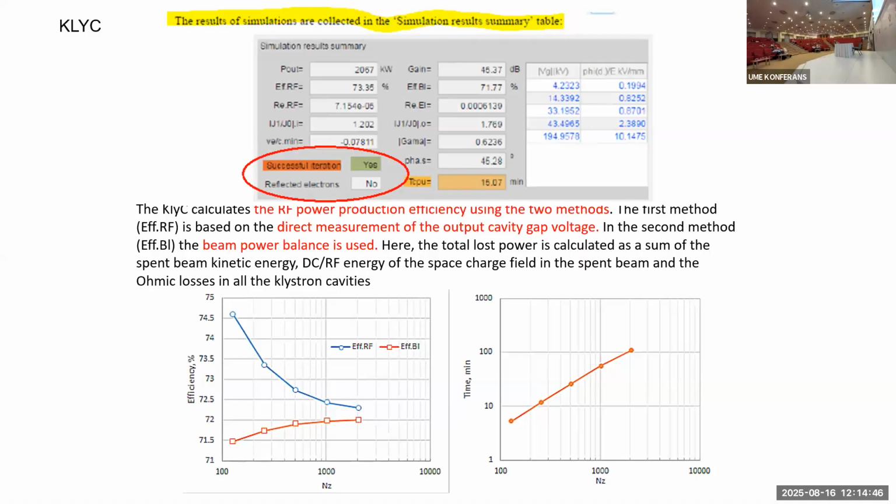And gain is 45. Electronics engineer, 45 is a good one. Yeah, 45 dB. Right? Yes, 45 dB. And it's a good design.